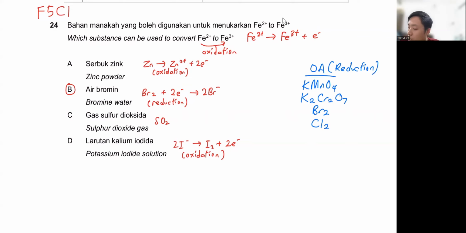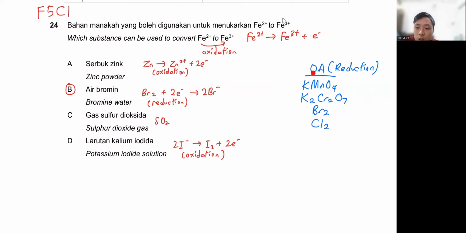You have to know how to convert. But it's simple. Fe2 plus to Fe3 plus is oxidation because they lose electrons. So how do they convert? What substance can you use? You have to use an oxidizing agent to convert Fe2 plus to Fe3 plus. So these 4 things you have to remember.